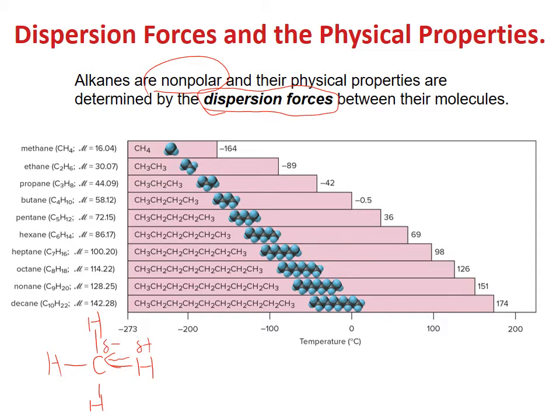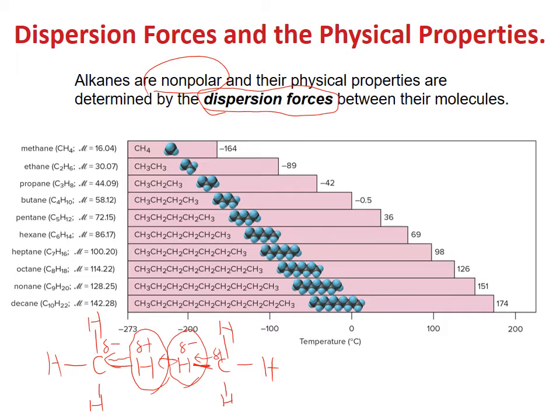At the same instant, there's a neighboring methane, and its electrons also fluctuate towards the hydrogen, so the hydrogen becomes partially negative and the carbon becomes partially positive. So this partially positive hydrogen and partially negative carbon attract each other because of their different charges.